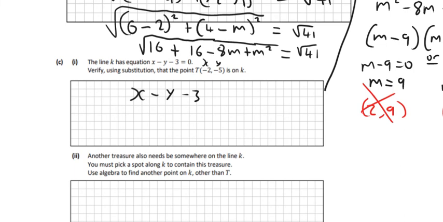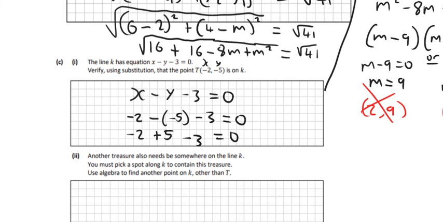So we just have to put in a minus 2 instead of x, minus, and then we're putting in a minus 5 instead of y, then minus 3, equal to 0. So minus 2 minus minus gives us a plus here, so plus 5 minus 3 equals 0. So minus 2 plus 5 is positive 3, take away 3 is 0. So we get 0 equals 0.